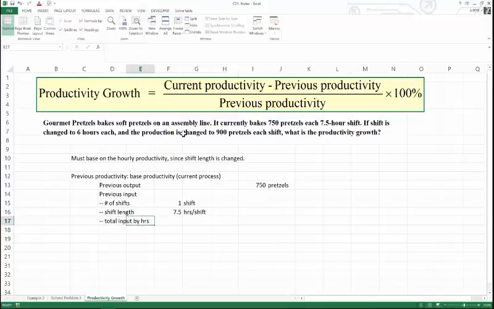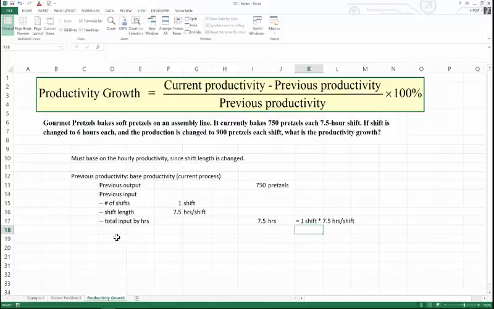That is the number of shifts times hours per shift. So it is 1 shift times 7.5 hours per shift, which is 7.5 hours.